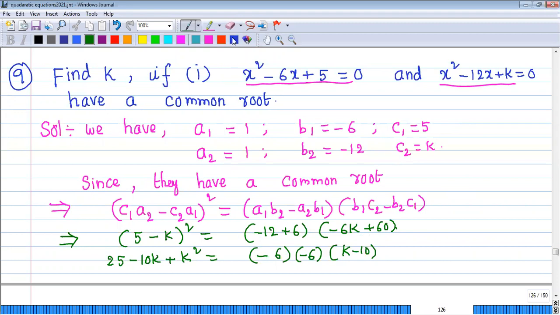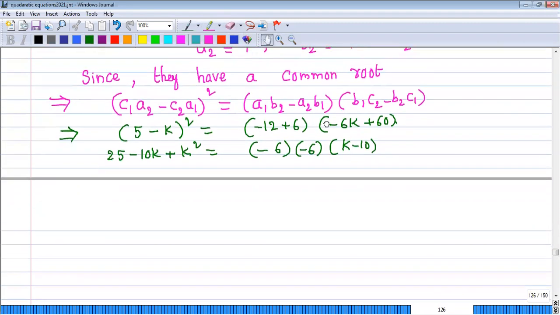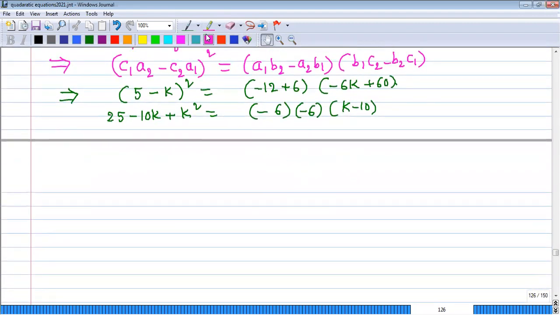Now we can write k square minus 10k plus 25 equals minus into minus plus 36k minus 360.